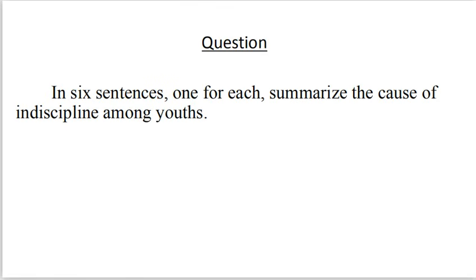There is only one question on this passage. The question says, in 6 sentences, one for each, summarize the causes of indiscipline among youths. Before we read the passage, I want to let you know that when you are answering questions on summary, you must pay great attention to your paragraphs.